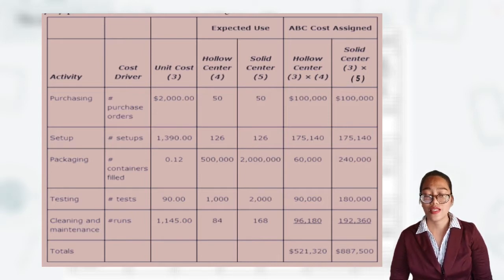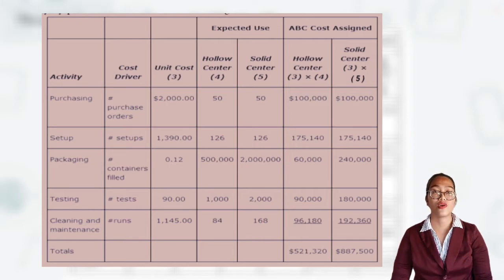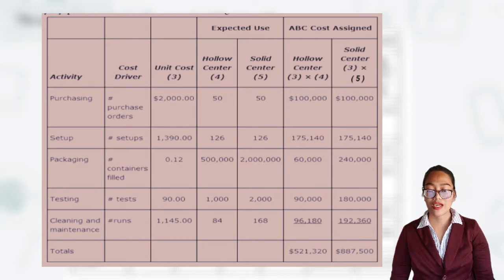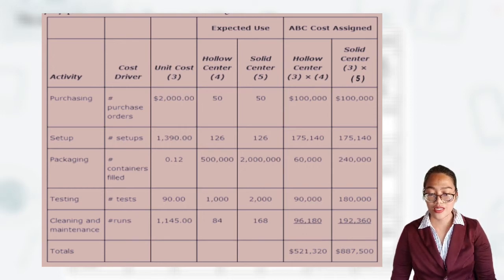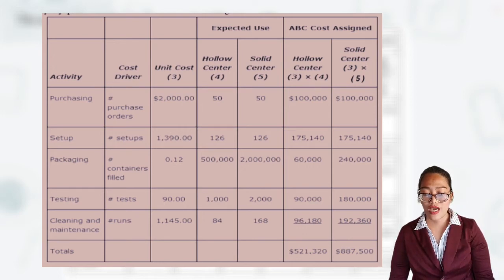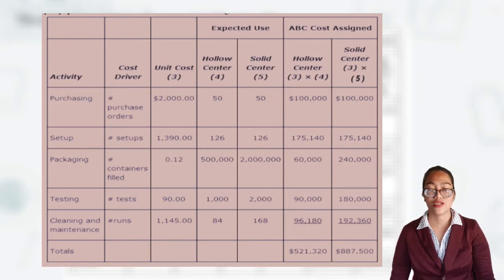In setup, the unit cost of $1,390 was multiplied by 126 and we got $175,140. In packaging, the unit cost of 12 centavos was multiplied by 500,000 and we got $60,000. In testing, the unit cost of $90 was multiplied by 1,000 and we got $90,000.